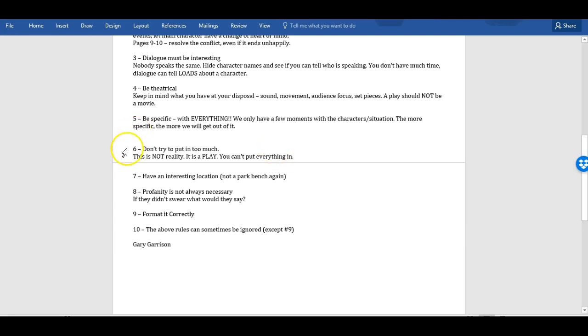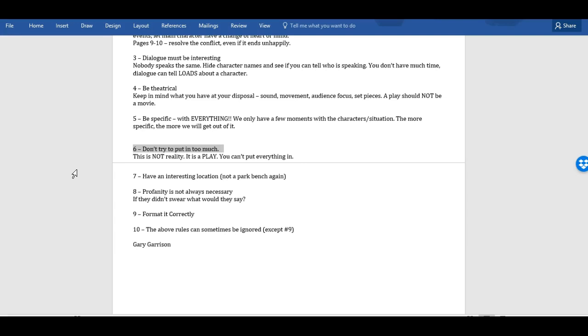Another very important part about this one, which is not directly related to this furthering of this idea, don't try to put in too much. There are some topics that are just simply too big for a 10-minute play. I alluded to it before when I said, searing dramas and tragedies, we don't have time to get to know them to care.